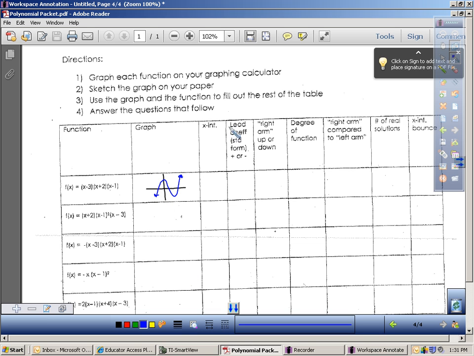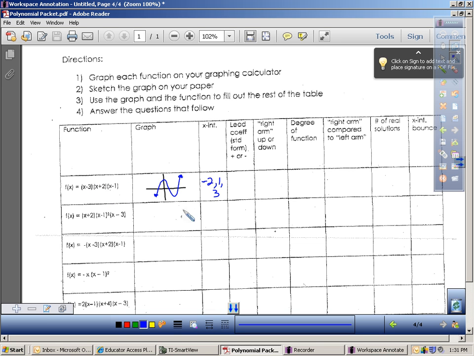Now this next column stands for x-intercepts. Well, we said we thought the graph crossed the x-axis at -2, +1, +3. Now, look at this equation carefully.